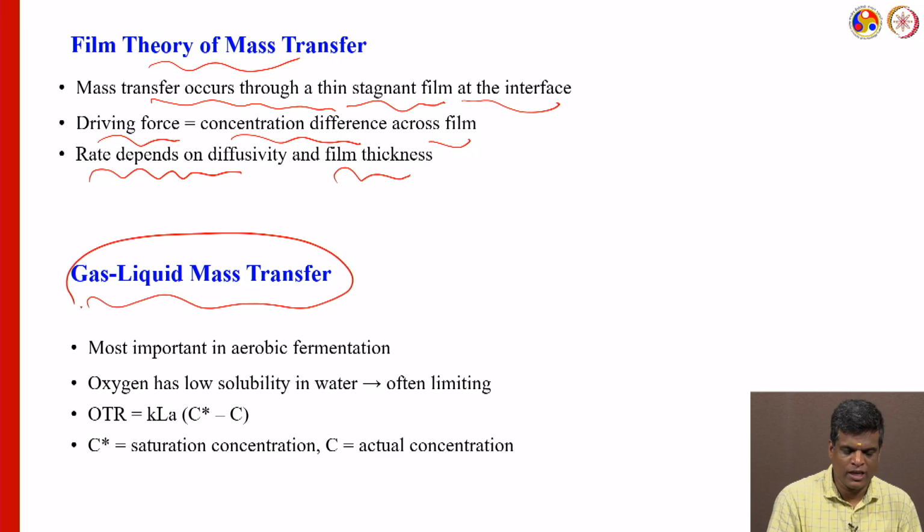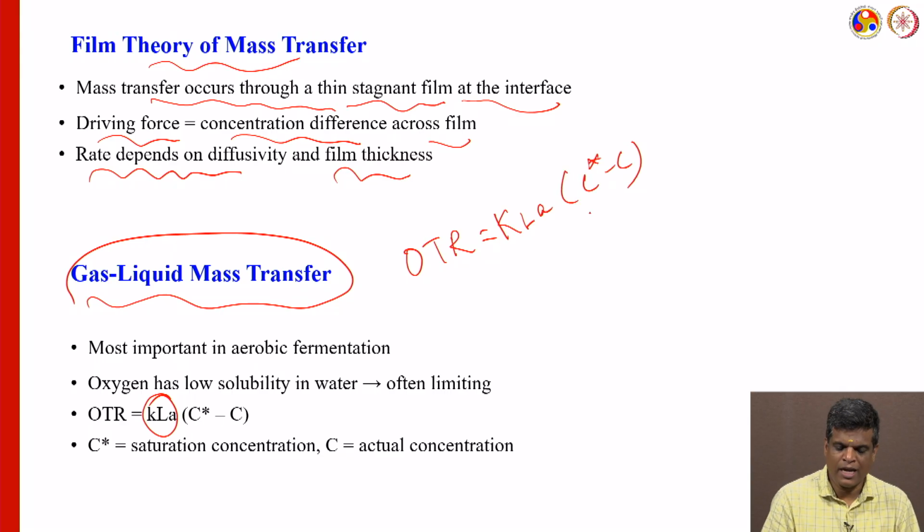Gas liquid mass transfer is very important in aerobic fermentation. Then there is the OTR, oxygen transfer rate: OTR equal to KLa times (C star minus C). We call it the oxygen transfer rate, OTR.